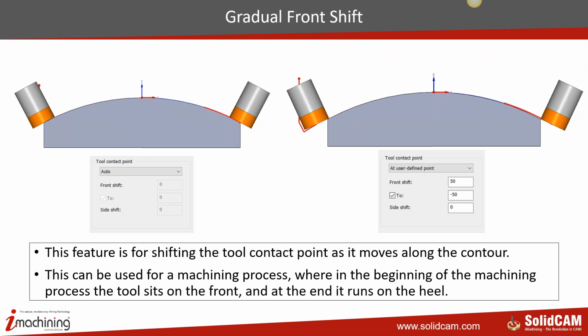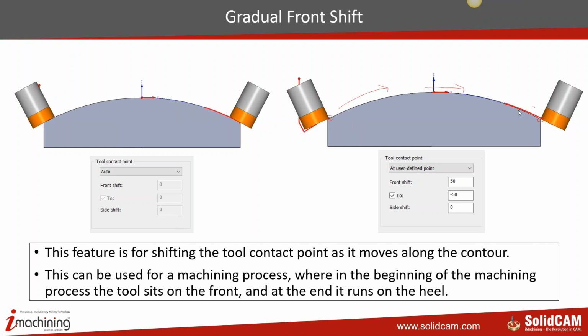We make it move from the front to the back as it progresses over the cut. So the first contact point is in the front, and as it progresses over the surface and comes to the end, the contact point moves gradually from front to back.